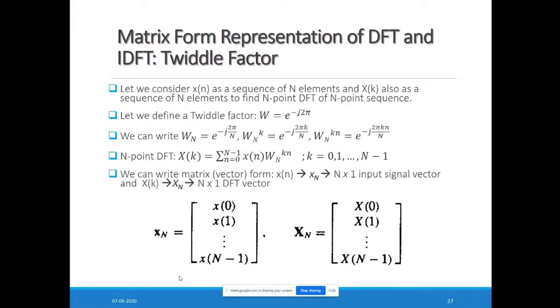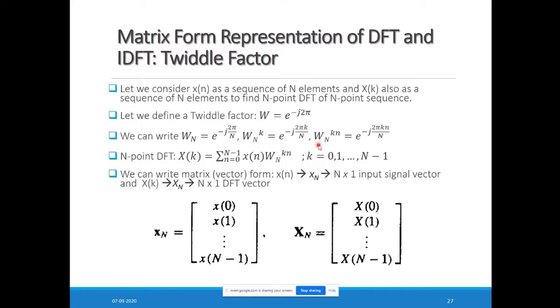Now we can write omega n. Suppose we are taking W as the Twiddle factor, then W suffix N is represented by e raised to minus j 2 pi by N. Whatever suffix N I am using, this is minus j 2 pi by capital N. Now W suffix N raised to k is equal to e raised to minus j 2 pi k by N. k is the superscript, so it is multiplied, and N is the suffix, so it is divided.